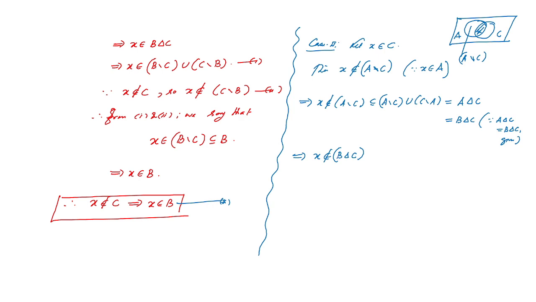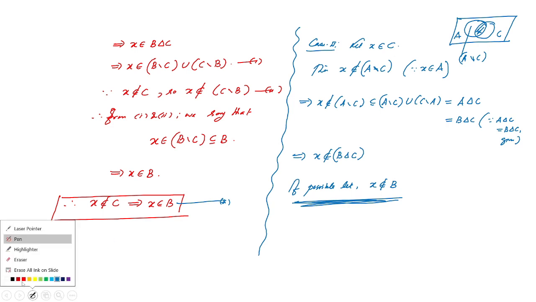Now here, consider two cases. If possible, let X belong to C, and we also consider the case where X does not belong to C. In that case, what will happen?